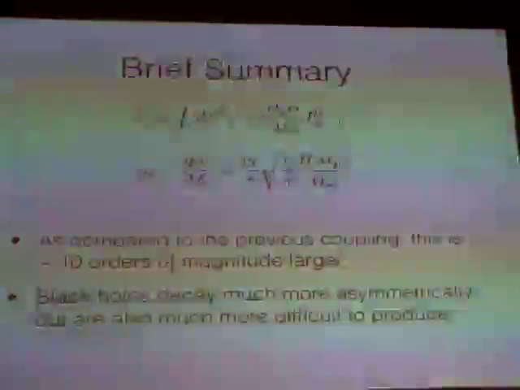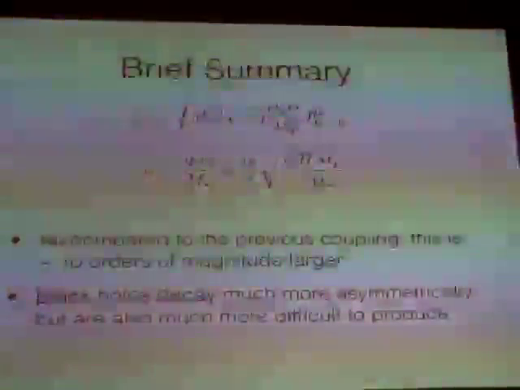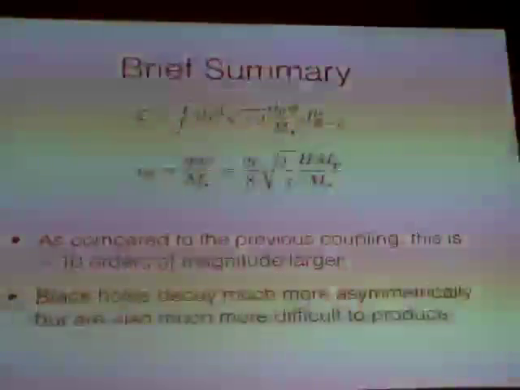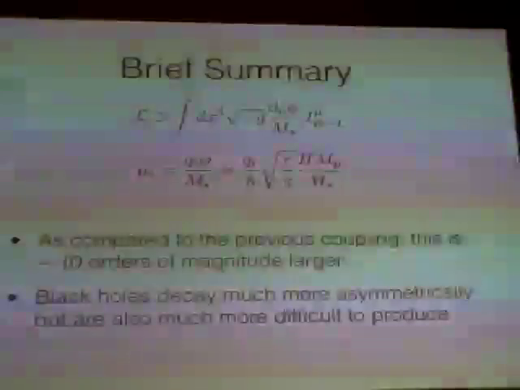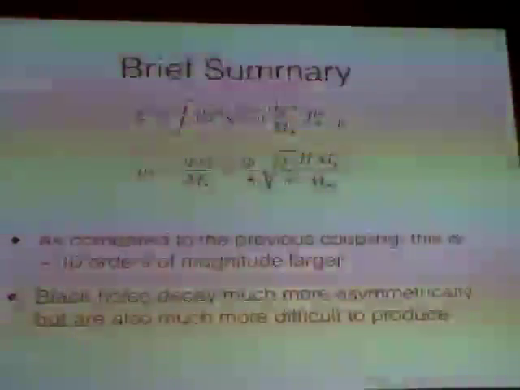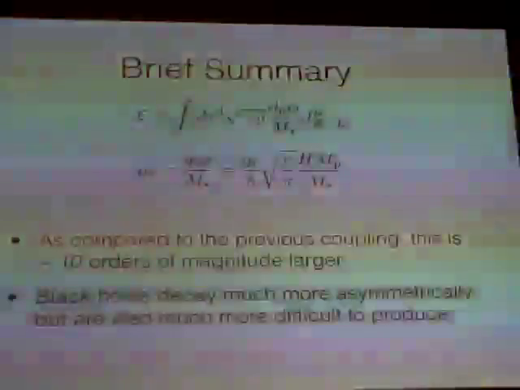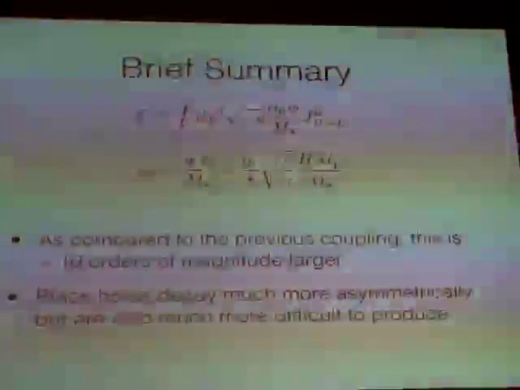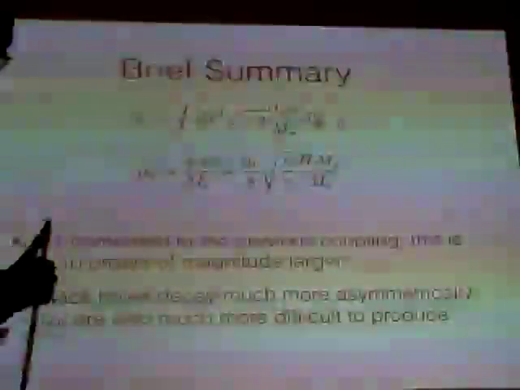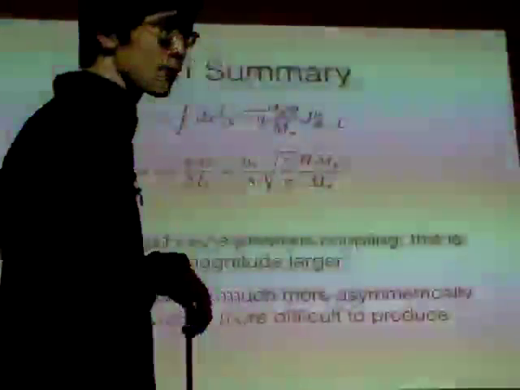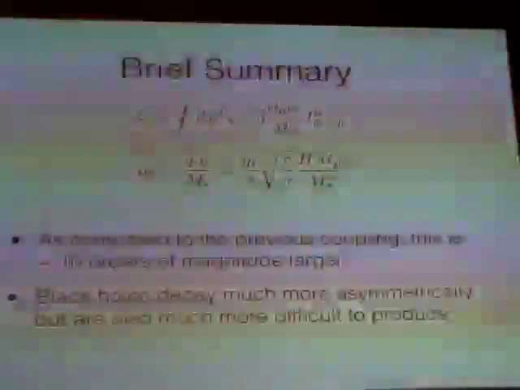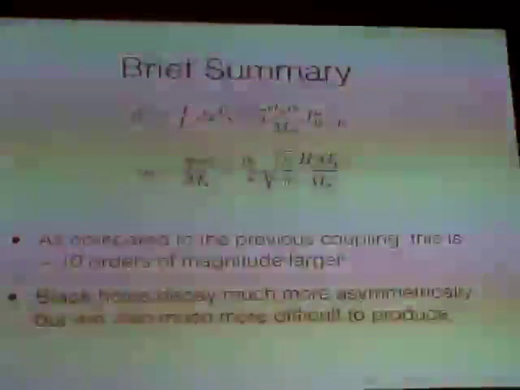Has anybody ever looked at production of black holes during reheating, if you just have some standard decoupling reheating scenario? Not that I know of. I think people just haven't had a reason to. Well, people wanted to make black holes into dark matter. That's right, but those people thought about much larger black holes, because the black holes I'm interested in are ones that have evaporated before BBN and whatnot.